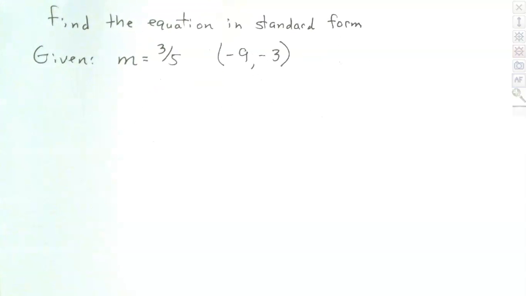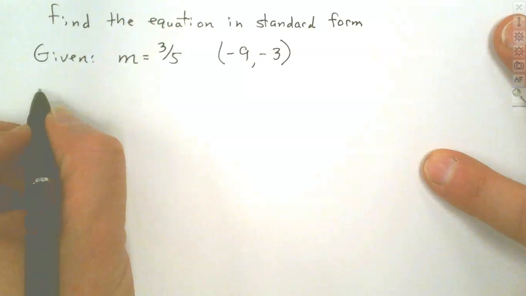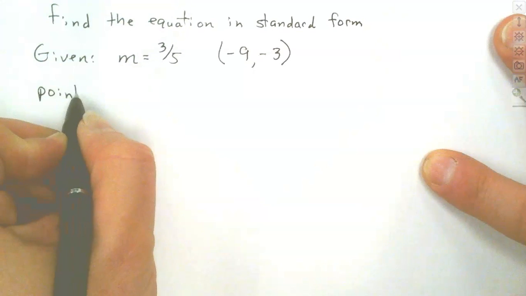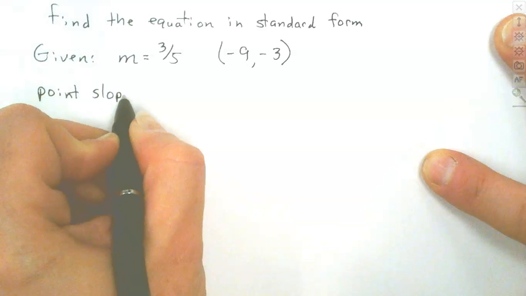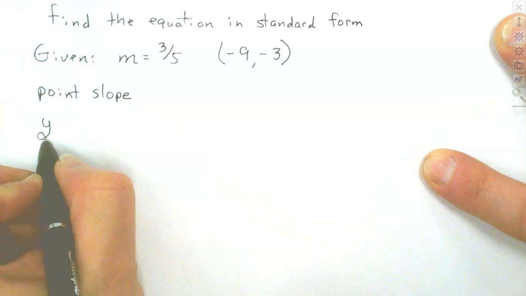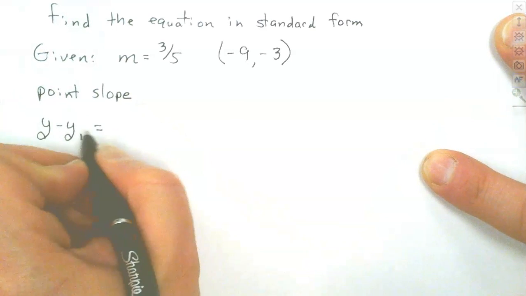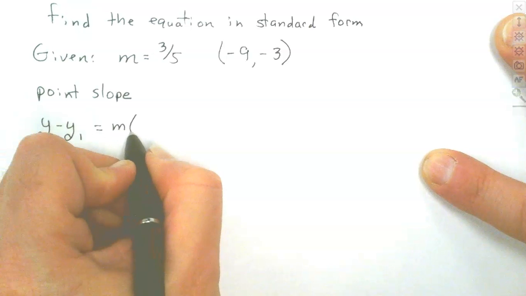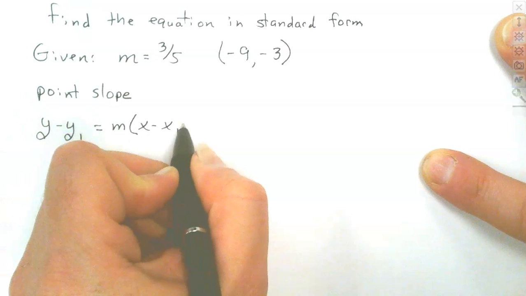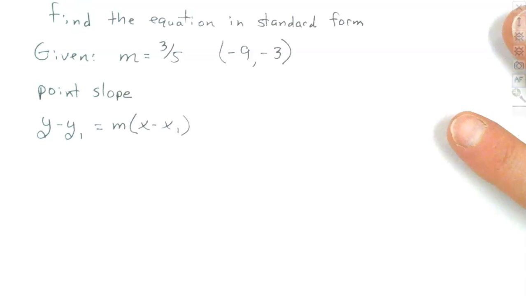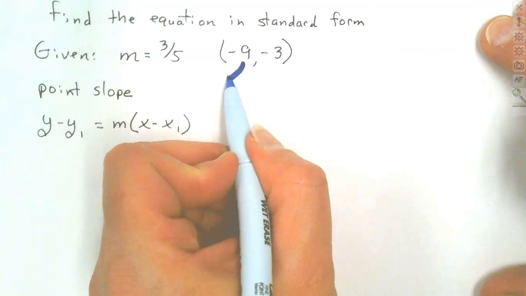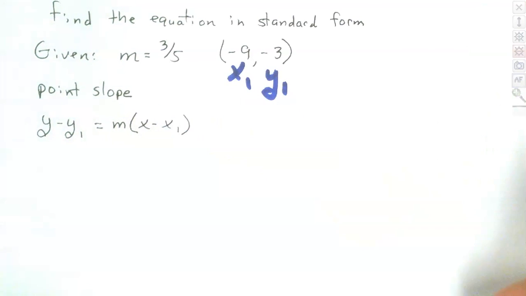Okay, so what do we do first? Well, what do we have? We have a point and we have a slope. So we apply our point-slope formula. And that is y minus y1 equals m times x minus x1. And this is x1 and y1 here.